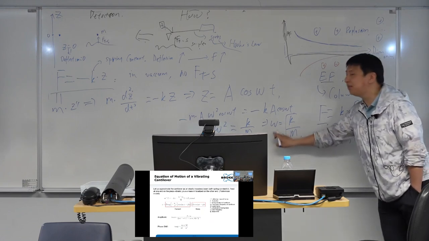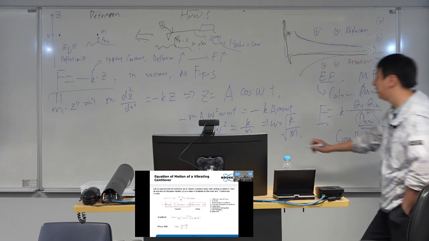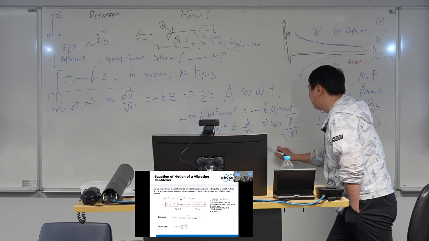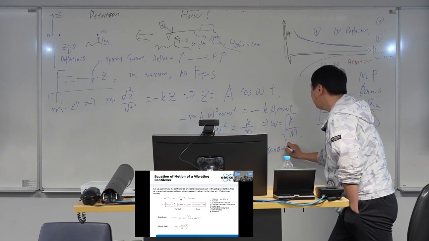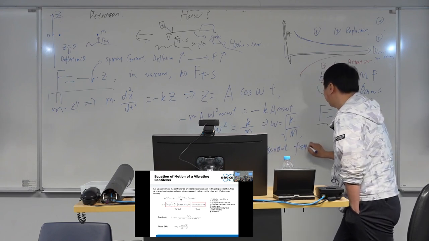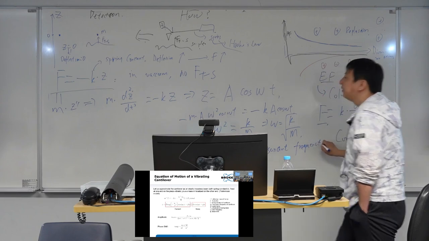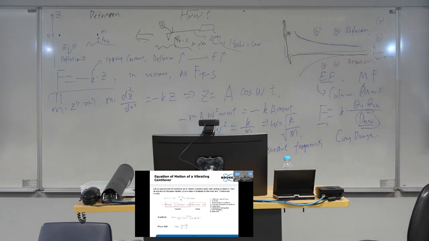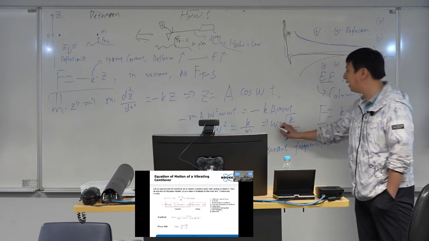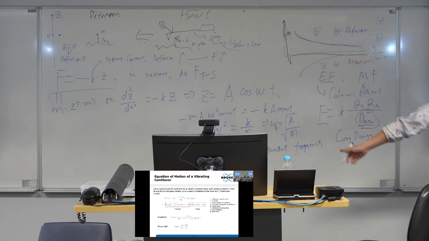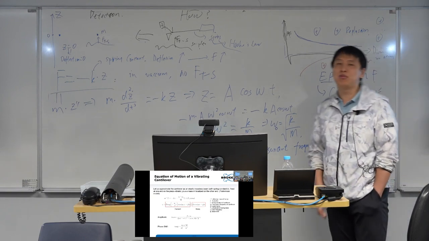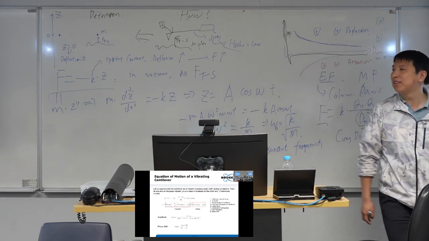What's this omega? We call it the resonant frequency, and in our AFM, we usually call it omega 0. It's just on the back side of your probe. For example, the scan assist air probe has a frequency of 75, right?